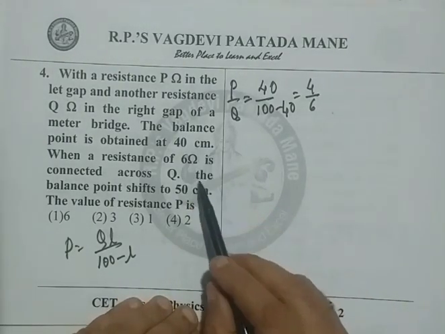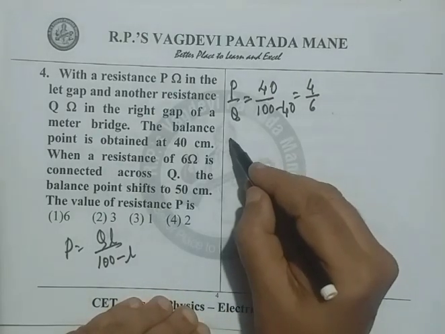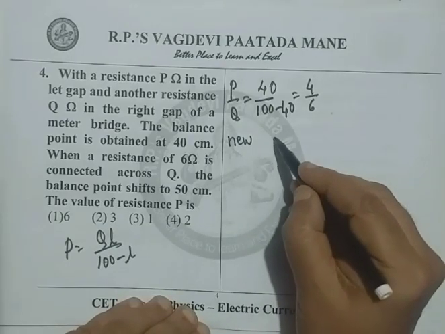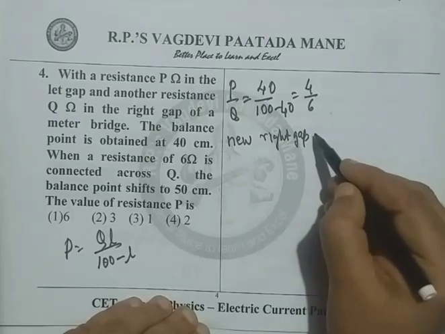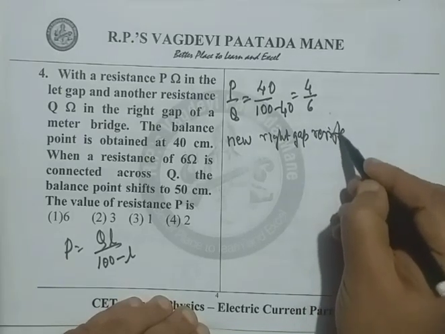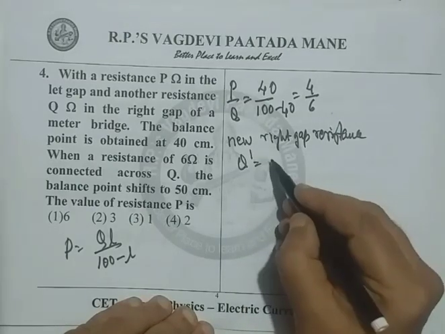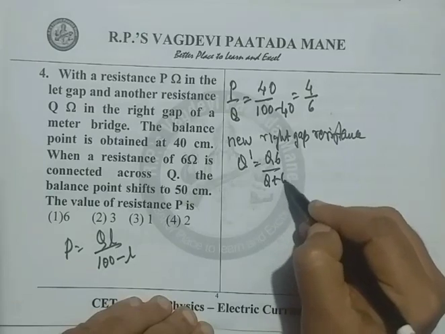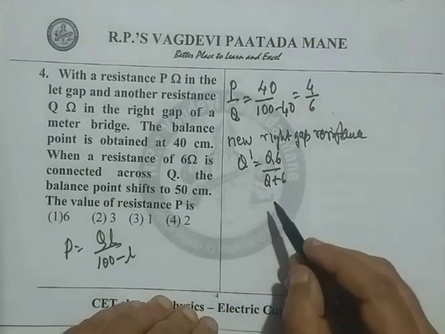When we connect 6 ohms across, meaning parallel, the new right gap resistance is Q dash, which is Q into 6 by Q plus 6, as Q and 6 are in parallel. Across denotes parallel combination.